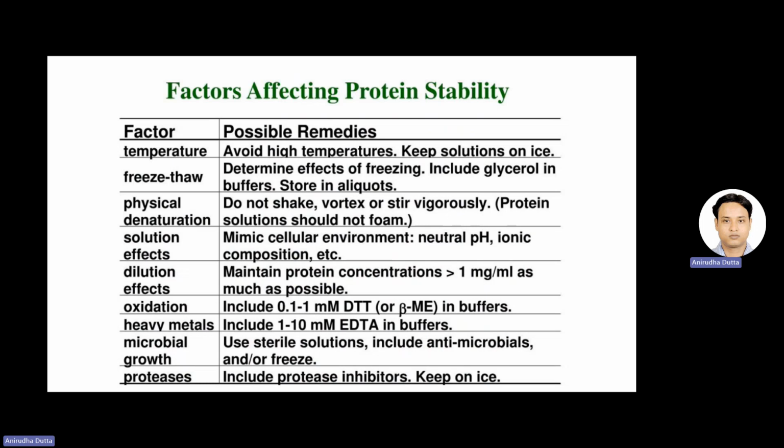If we keep freezing and thawing the protein, then it denatures the protein because of ice formation and other different reasons. Tearing force because of mechanical shaking or vortexing can also denature protein, so we should avoid vigorously shaking the protein sample.